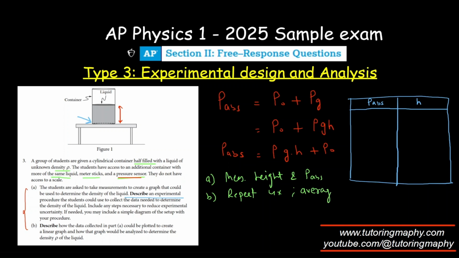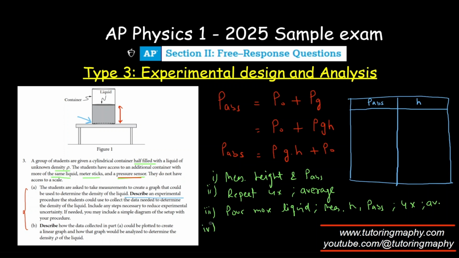Then in the next step, I will just put Roman numerals here so that it's not confusing. Then I'm going to pour some more liquid to another height and do the same procedure. So the next step is to pour more liquid. Once again, measure height and absolute pressure at the bottom, repeat 4 times, and take the average.